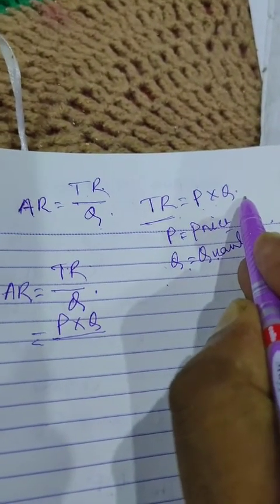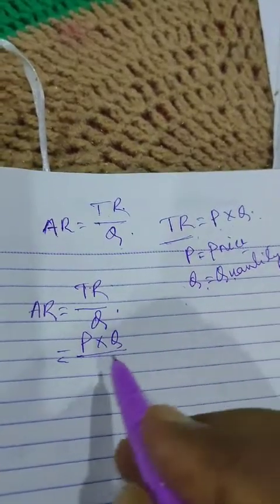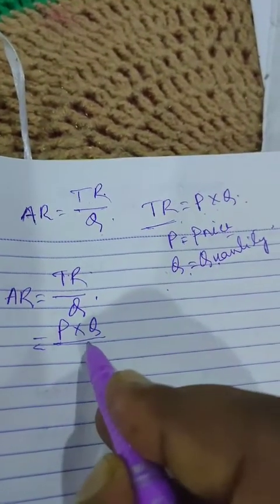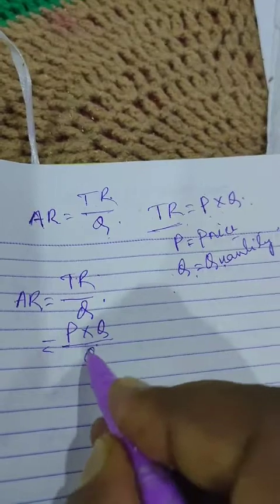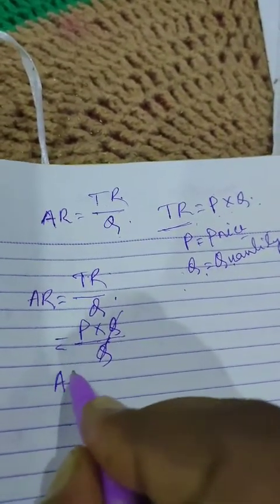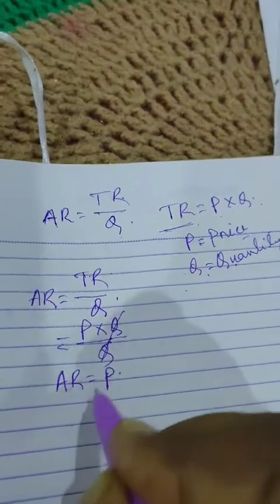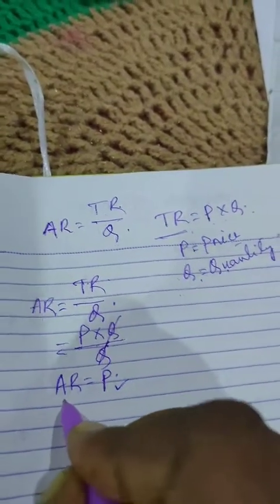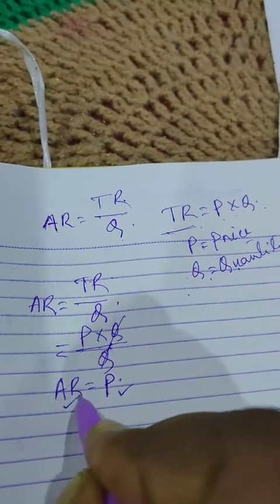Here it is Q in the denominator, so Q will be cancelled. Ultimately, AR equals P. So the price of the commodity is the average revenue.